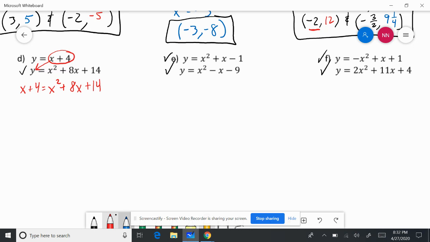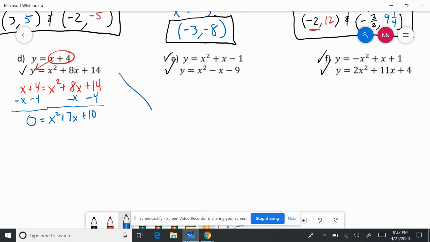If you remember last time, in order to solve a quadratic equation, we set it equal to 0. So I'm going to subtract the x and subtract the 4. I get 0 equals x squared plus 7x plus 10.